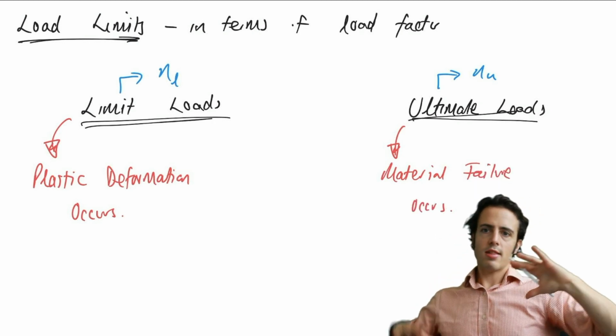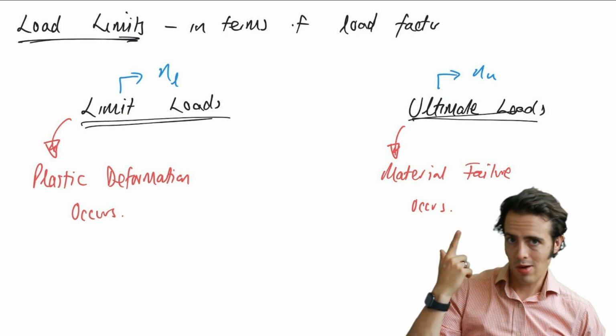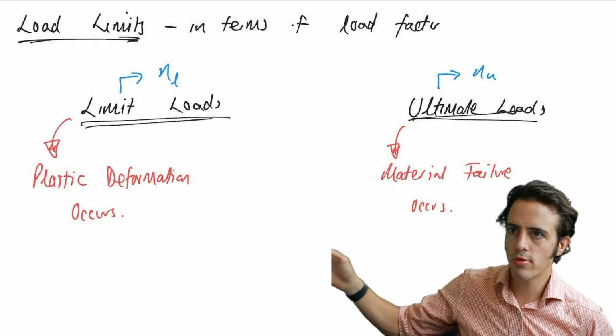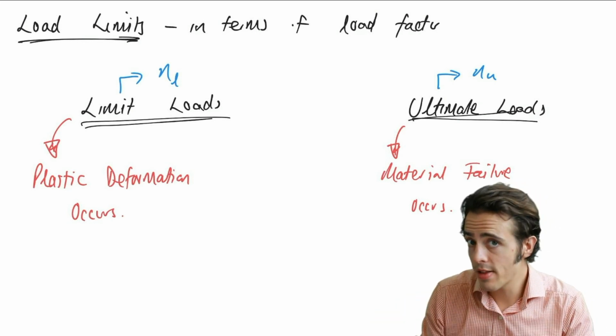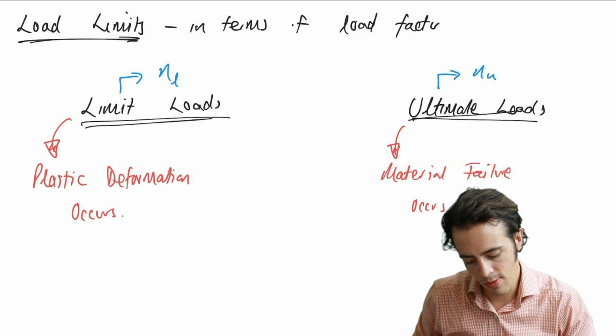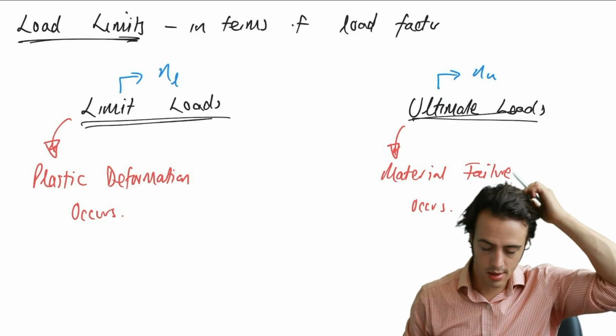So we can appreciate that we never want to reach this one, ever, but we also don't ever want to reach the limit loads on an aircraft. So we define our limits on the aircraft in terms of these ones here, which are our limit loads for a given aircraft.